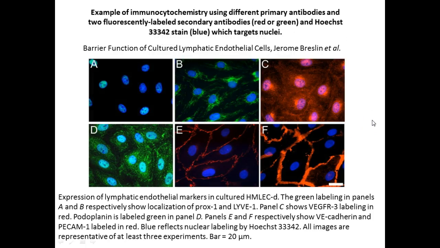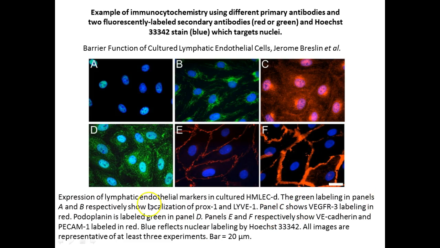So these are some examples of where they've actually used antibodies, right, with different fluorescent tags on them to be able to stain different portions of cells. So as you can see, the nucleus in all of these is blue, right? Because the tag they used had a blue fluorescence to it. And then two other ones, right? You can see the green over here, the green and the red, right? They're binding to different components. So this is expression of lymphatic endothelial cell markers.